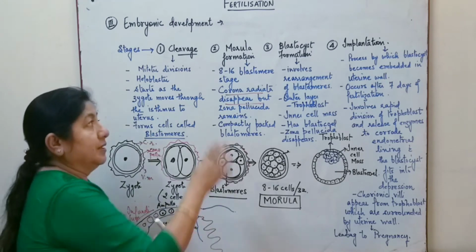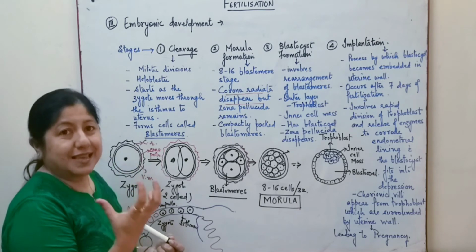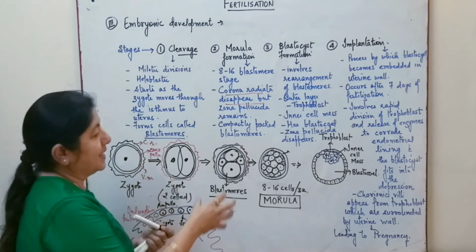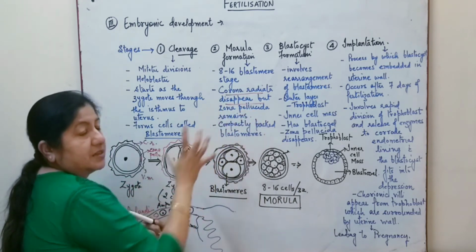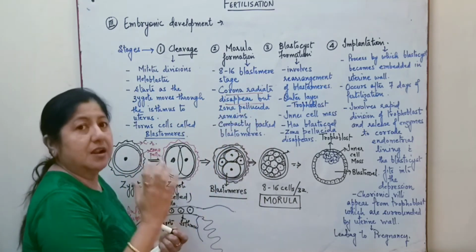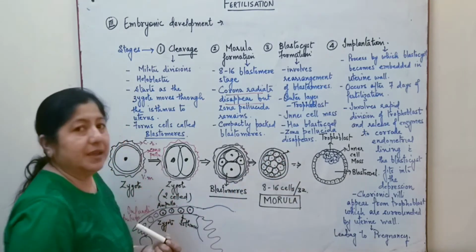This 8 to 16 cell stage has compactly packed cells, and the corona radiata has disappeared with the zona pellucida still present. And these are very compactly packed.